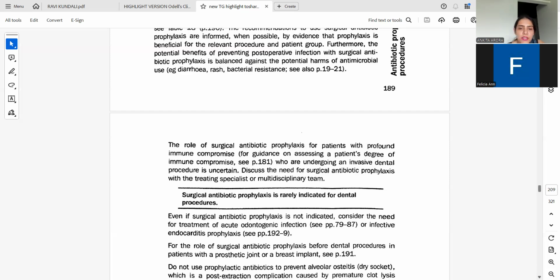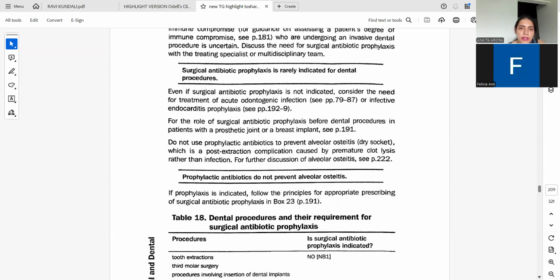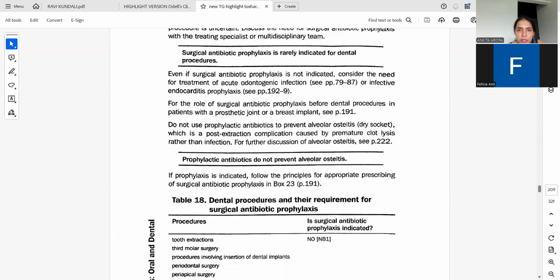Again, they have highlighted that it's rarely indicated for dental procedures. Even if it's not indicated, consider the need for treatment of acute odontogenic infection or infective endocarditis prophylaxis. And for the role of surgical antibiotic prophylaxis before dental procedures in patients with prosthetic joint or breast implant, we will have a separate read later.